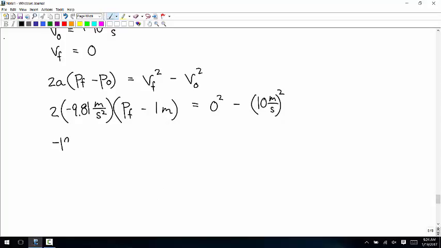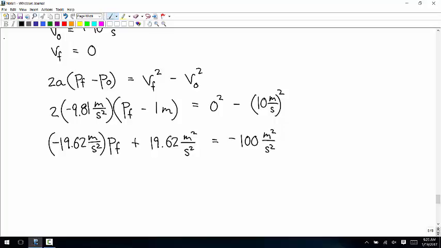And so you get negative 19.62 meters per second squared times Pf plus 19.62. We have meters per second squared times meters, so this gives meters squared per second squared. Is equal to negative 100 meters squared per second squared.